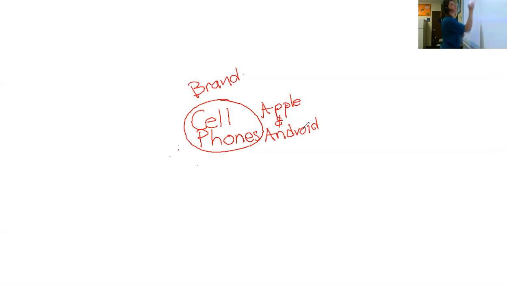I know phones can be used to do millions of different things. I personally like to play on the apps on my phone. We can use phones for our social media. Social media.